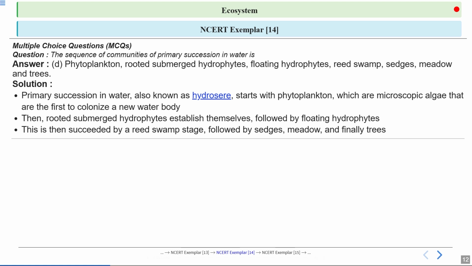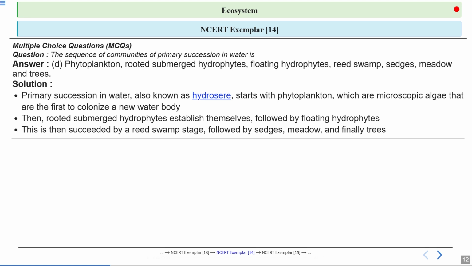With continued sedimentation and accumulation of organic matter, the water body becomes even shallower. This gives rise to the reed swamp stage, where tall emergent plants grow. This is then followed by a sedge meadow stage, where the ground is wet and marshy, but no longer has standing water.